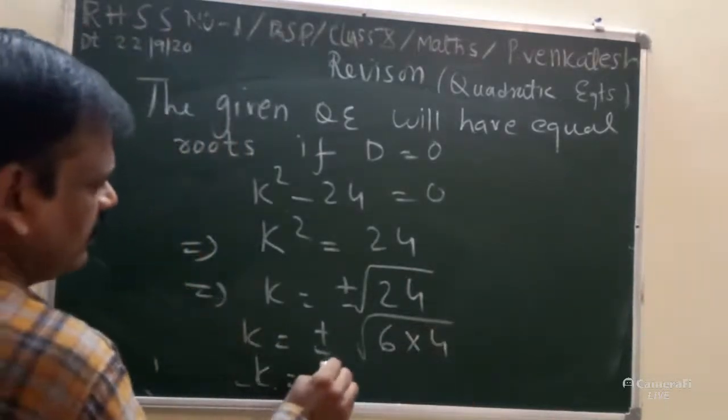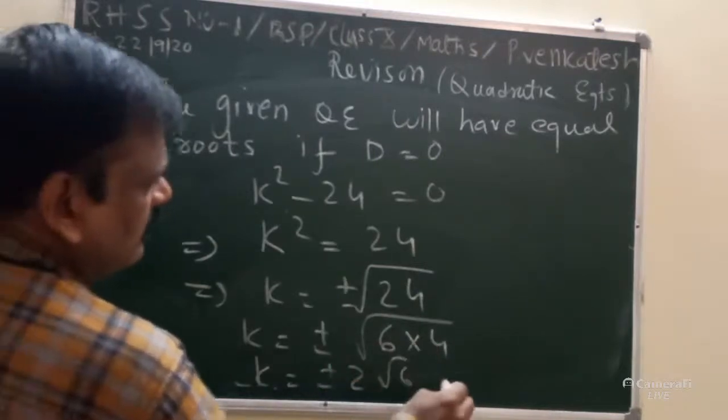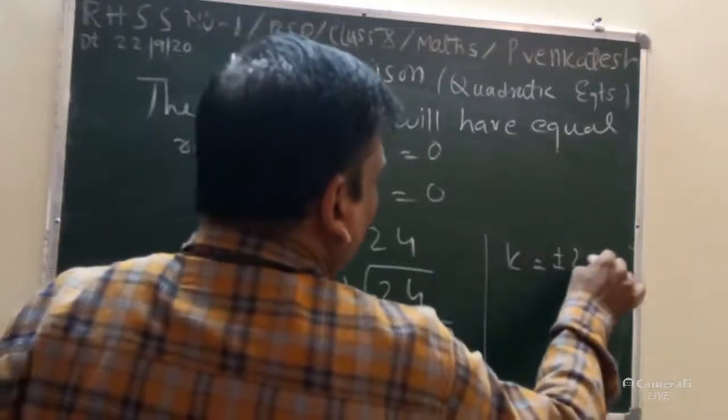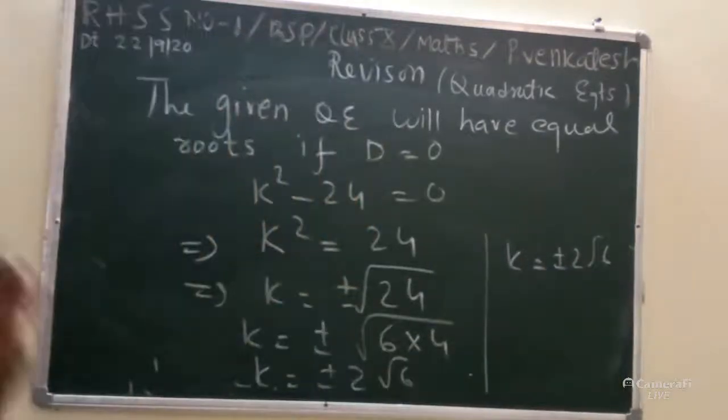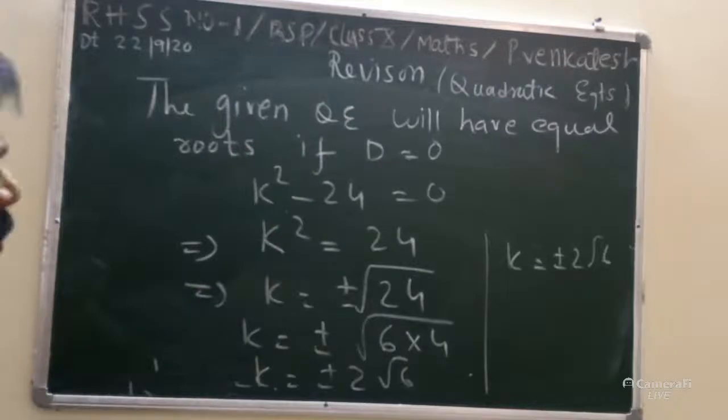So k equal to plus minus root 4 is 2, that is 2 root 6. So the value of k, if you put plus 2 root 6 and minus 2 root 6, then the equation will have equal roots. Now what is the condition for equal roots? The value of d should be equal to 0. So k equal to plus minus 2 root 6.